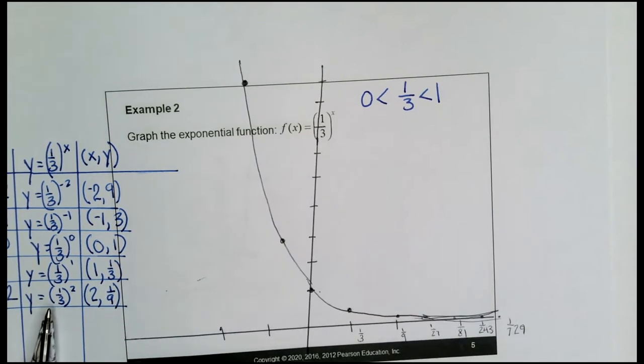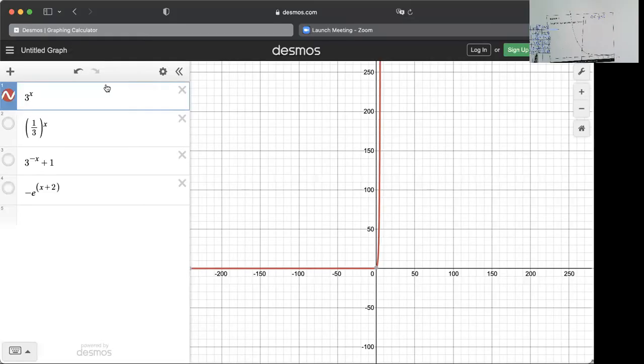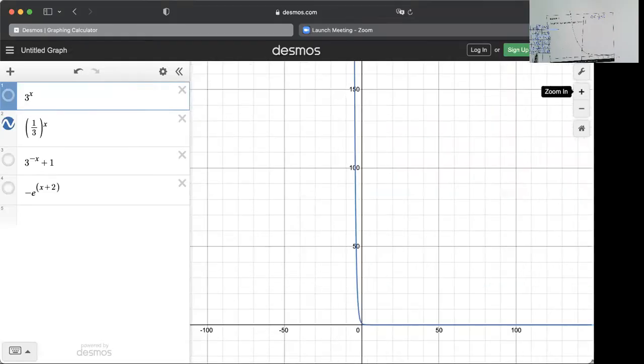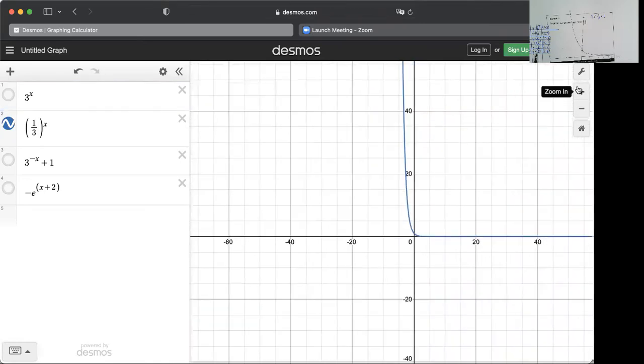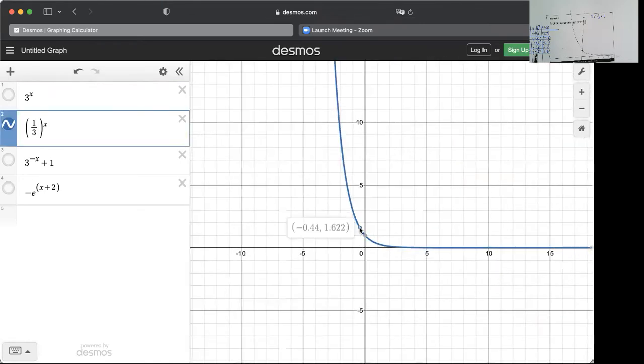So let's look at our Desmos equation for this. It crosses at 1. -2 gives me, my goodness, -2 is at 9. -1 is at 3.